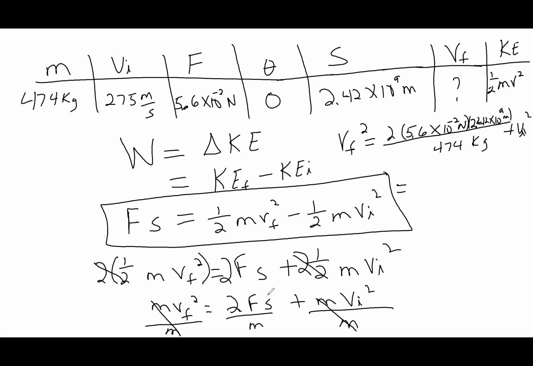So we have 2 times 5.6 times 2.42 divide 474. Okay.